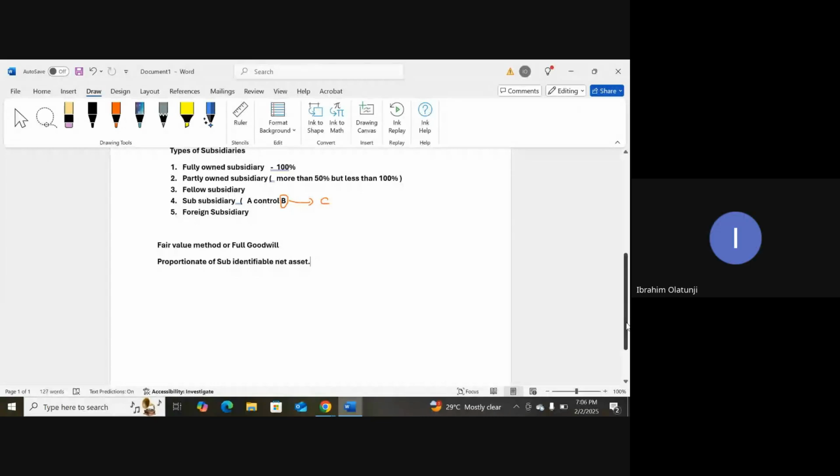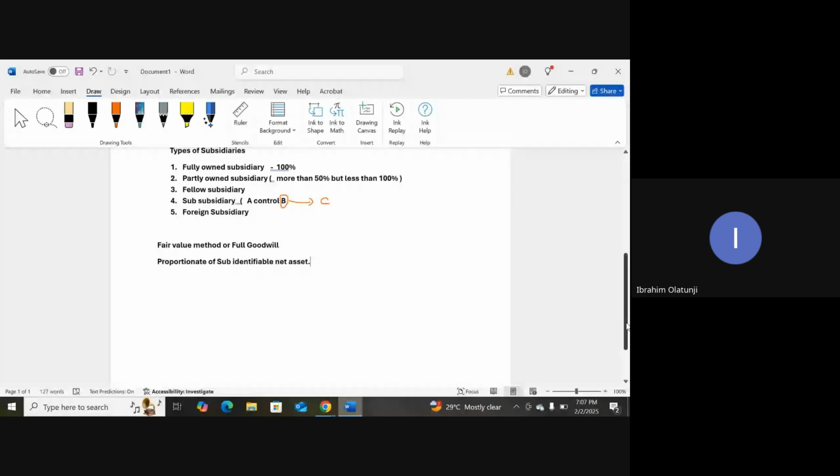Number six is to compute for investment in associate, if any. Suppose the question given to you entails parent, subsidiary, and associate, then you have to do computation of investment in associate. We have completed number six, so we are at number seven now. Number seven is to prepare the consolidated financial statement.